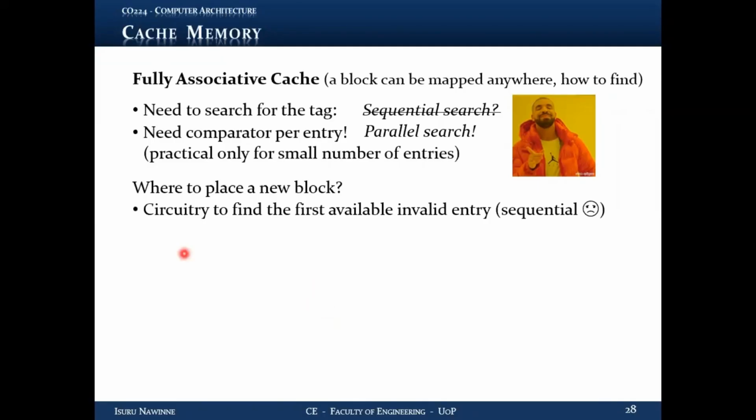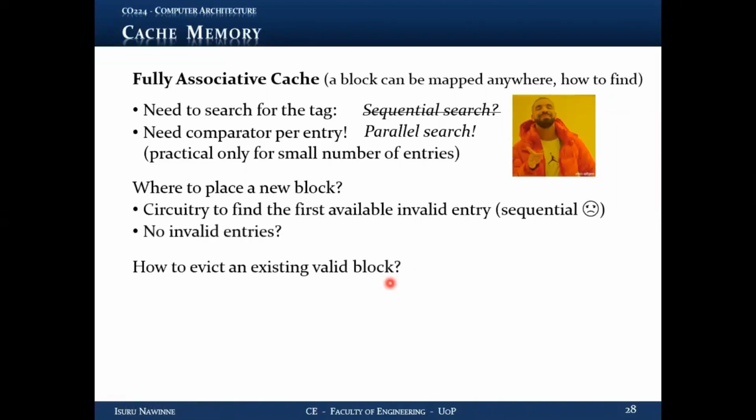The intuitive one is to go through the cache and find the first one with the valid bit cleared. It will necessarily have to be done using sequential logic, so it's going to consume more time. Unfortunately it will be affected, but there's no way around it.